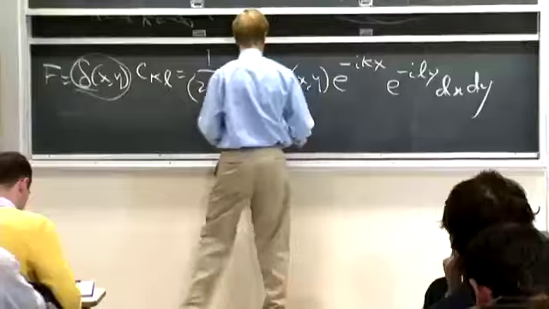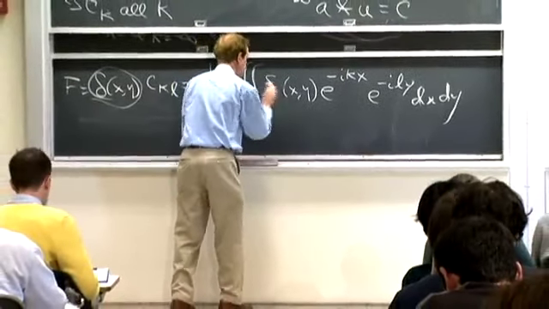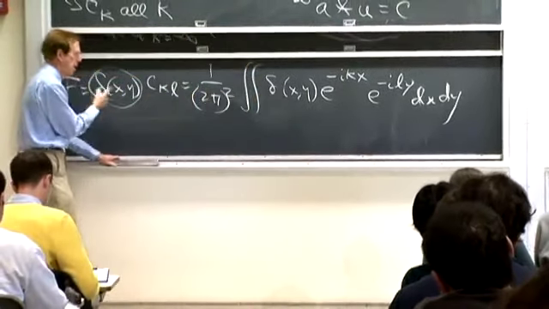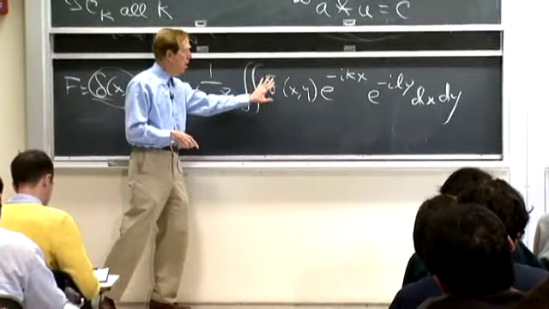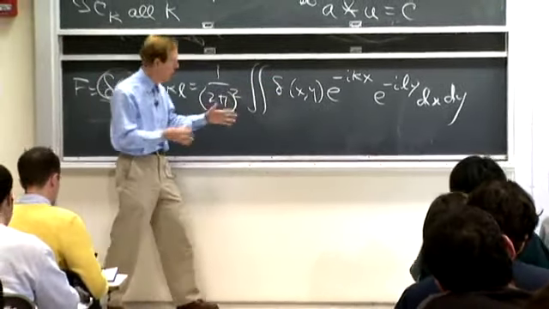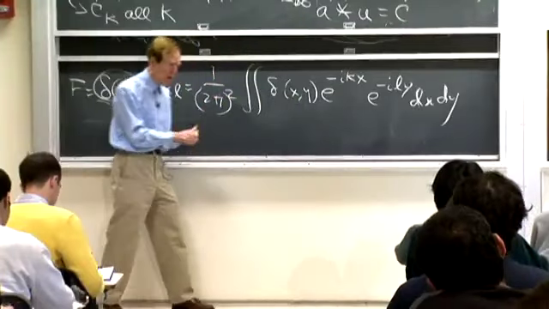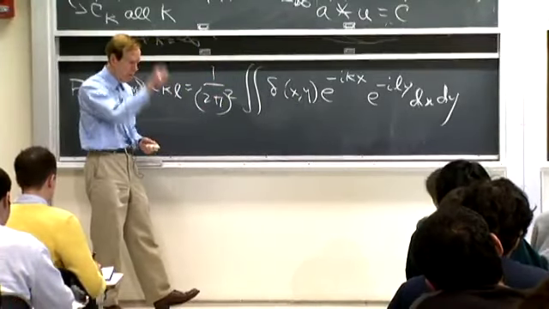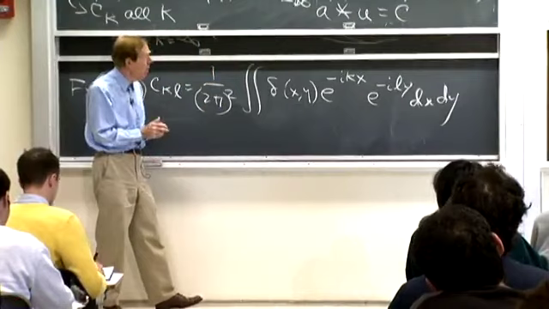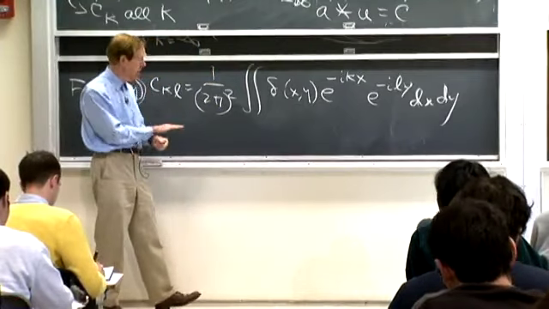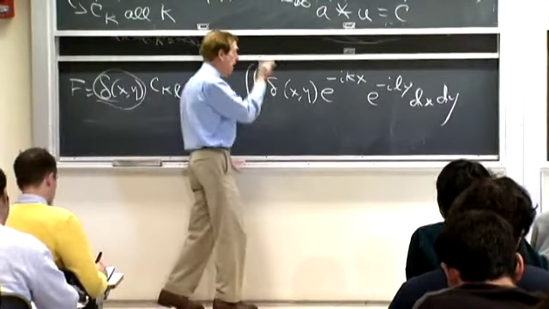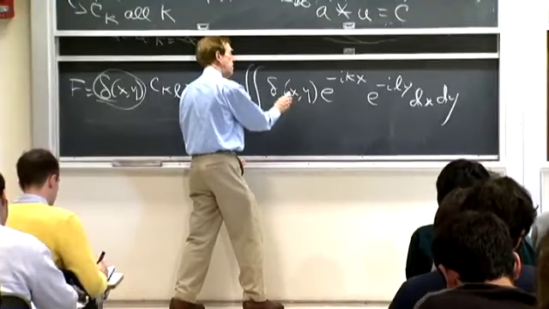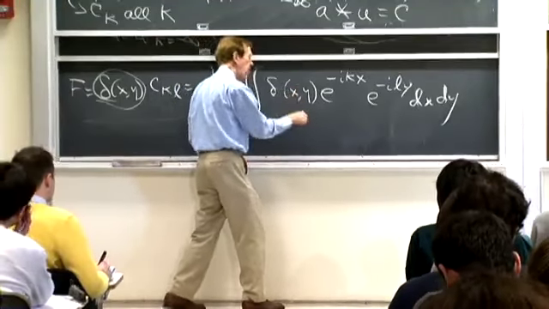The rule is that when I integrate over a region that includes the spike, it's a spike sitting up above a plane now, instead of sitting above a line, then I get the value at the origin.